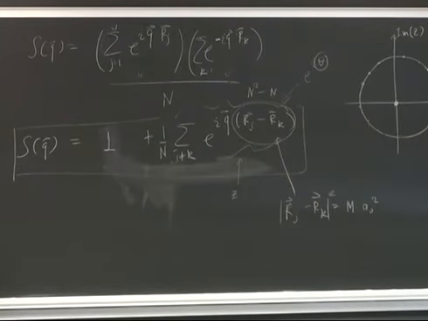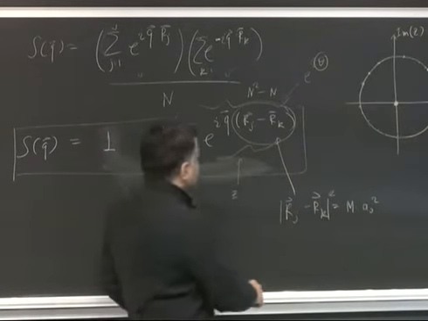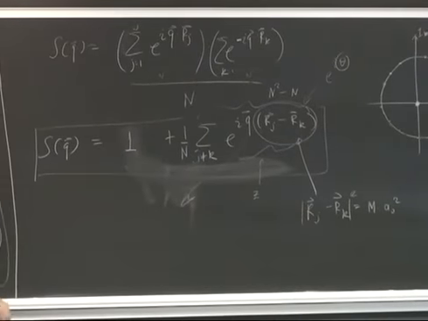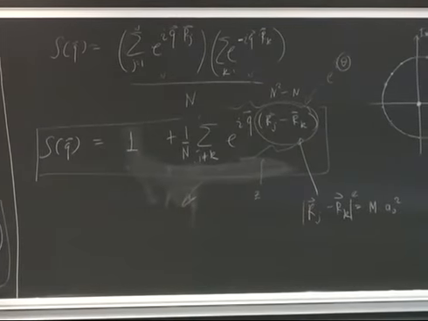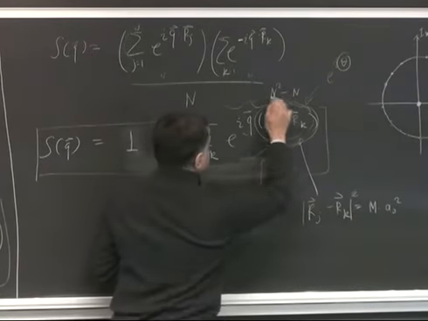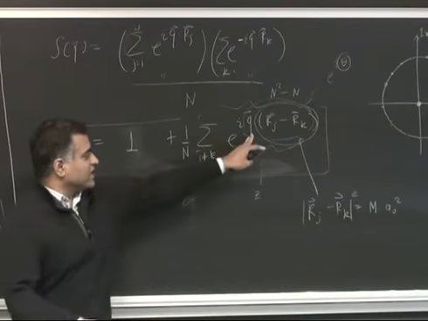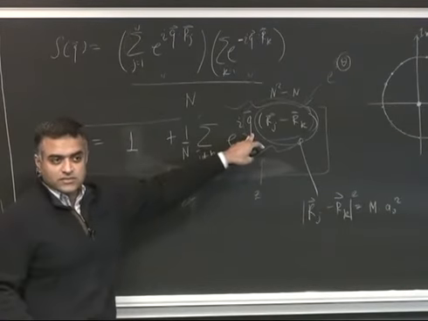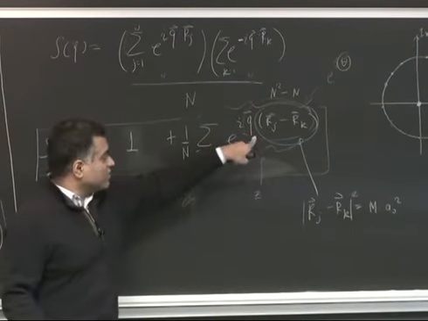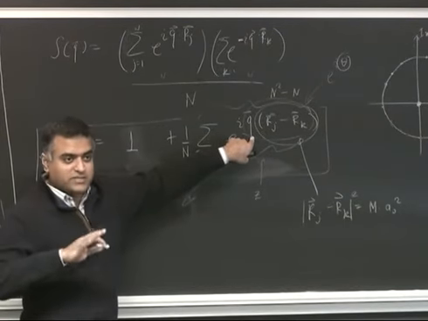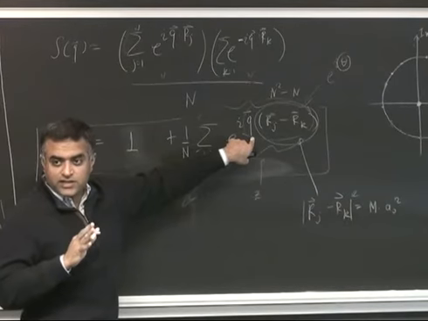But from here also you can see the reason why we define the reciprocal space of Q. Every time the argument becomes an integer times 2 pi, these all become 1. Every one of the n square minus n terms becomes exactly equal to 1, right?